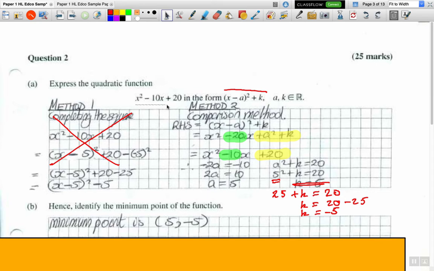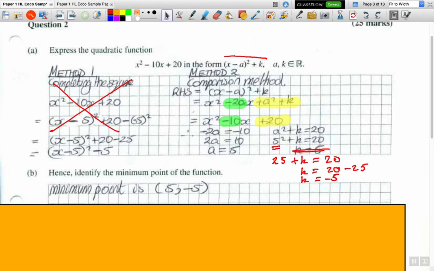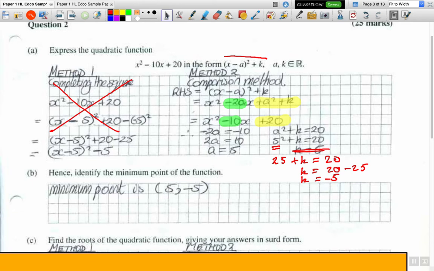Well, this quadratic is a positive quadratic, so we know that this quadratic is this way up because it's a plus x squared. When it's in the completing the square format, when you extract the minus a, it becomes a plus a, and when you extract the plus k, it remains as a k.